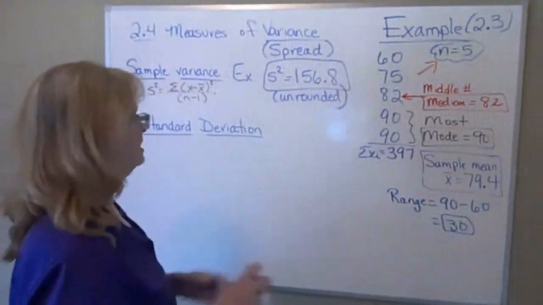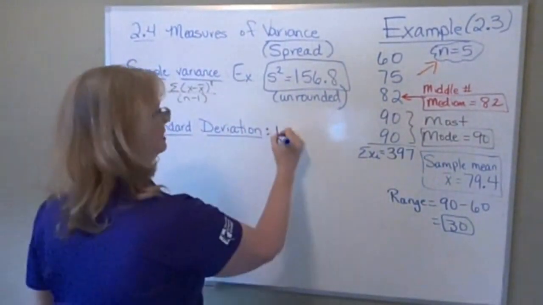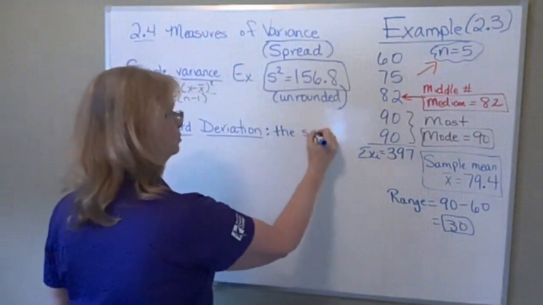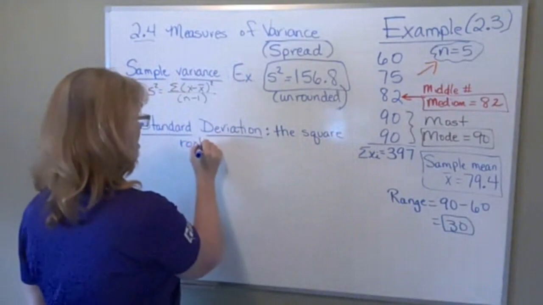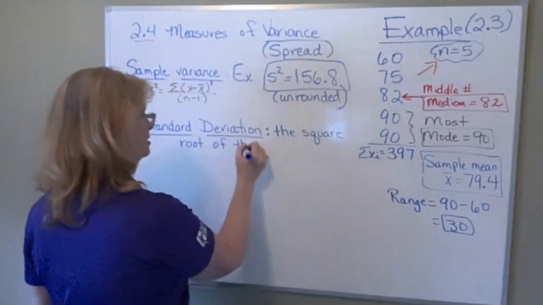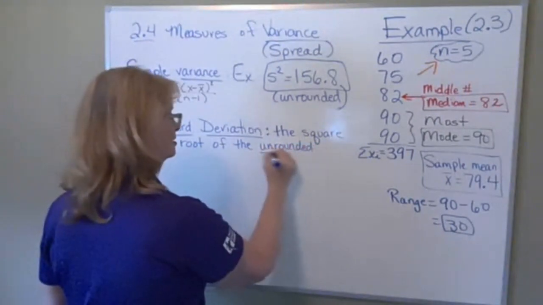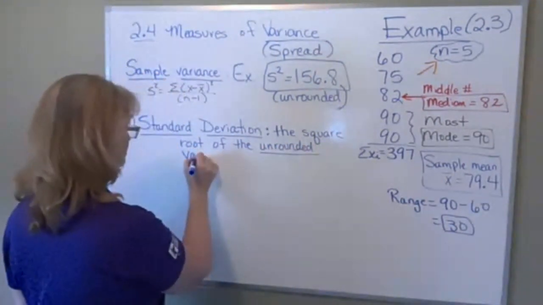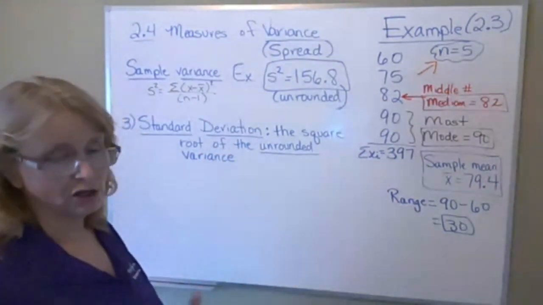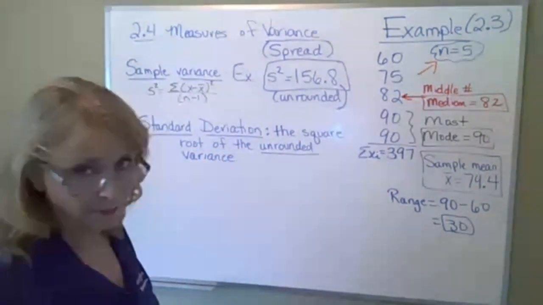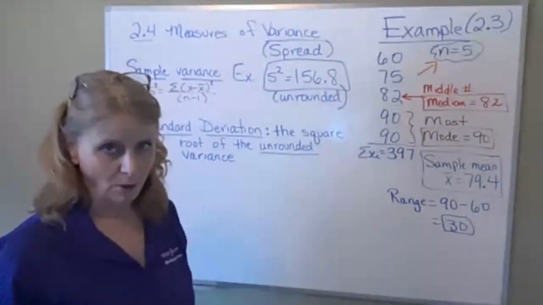Okay, so standard deviation is, and we can actually write a definition for this in words, the square root of the unrounded variance. Now this is actually true whether it's population or sample. And at this point, you don't have to worry about which one it is.